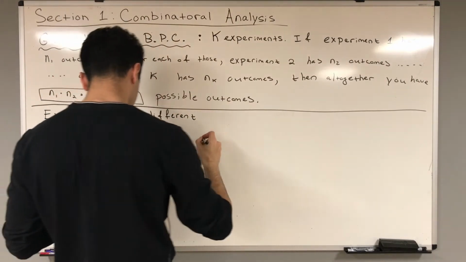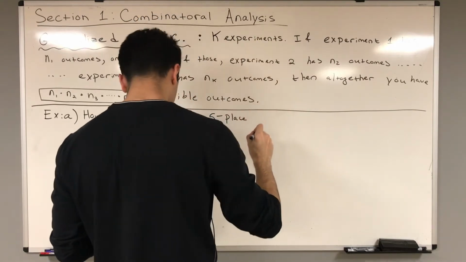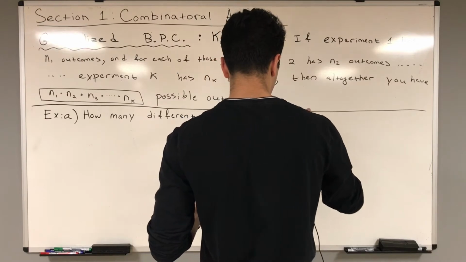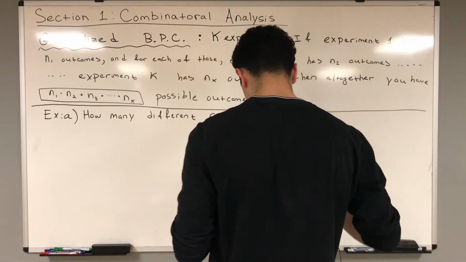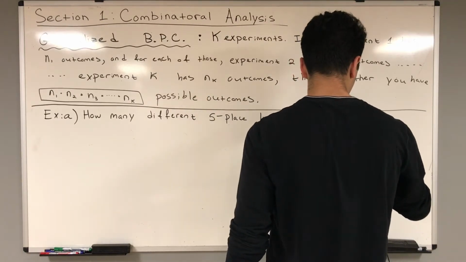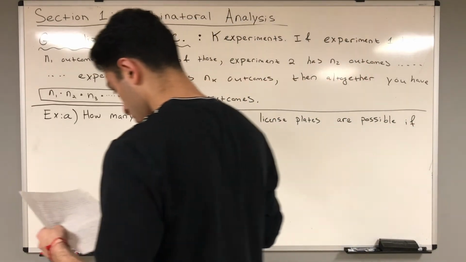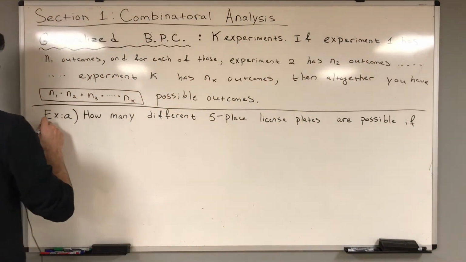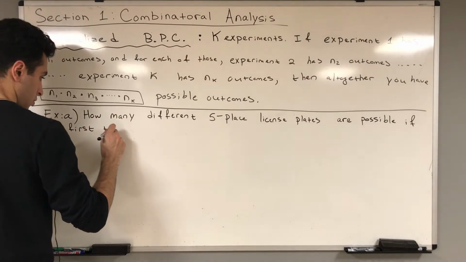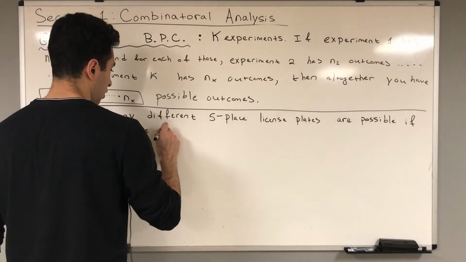How many different 5-place license plates are possible if the first two places are occupied by letters?